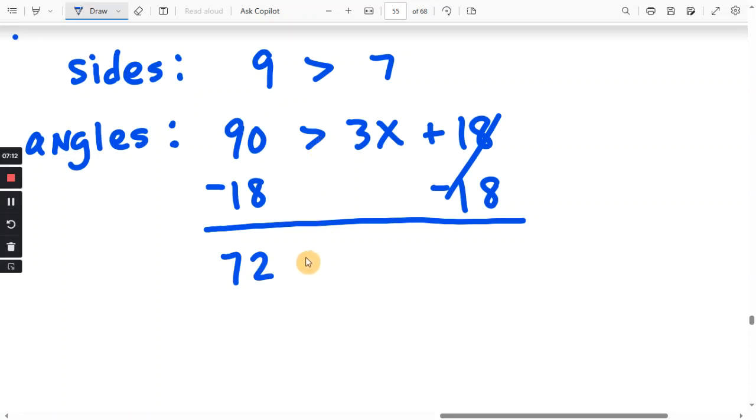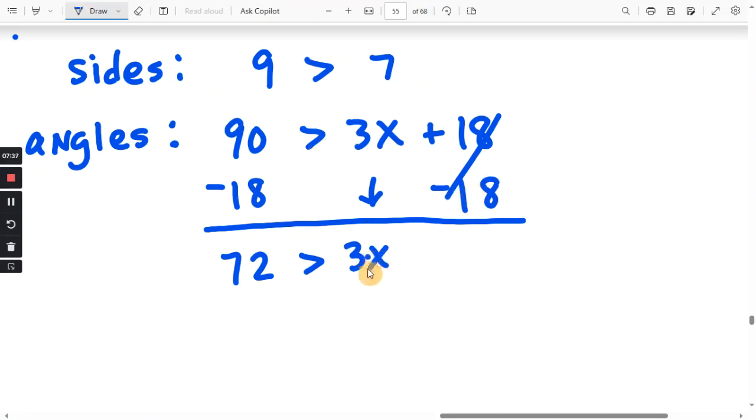Bring down the inequality and bring down your 3x. By the way, the only time this inequality symbol changes direction is if you divide or multiply by a negative. Otherwise, you keep it the same way. You can subtract or add to both sides and it stays the same.